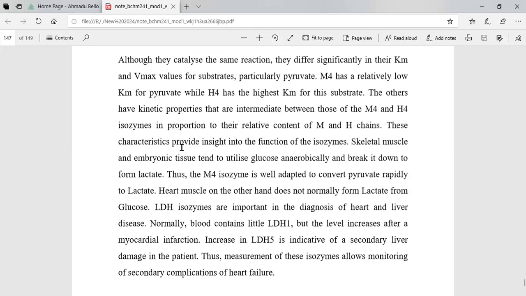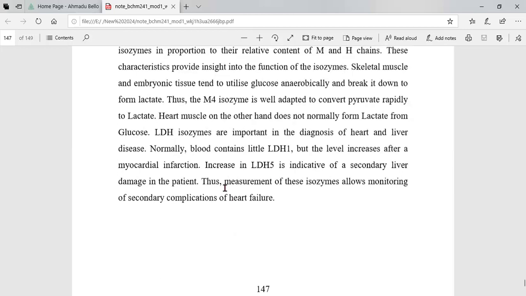These characteristics provide insight into the function of the isozymes. Skeletal muscles and embryonic tissues tend to utilize glucose anaerobically and break it down to form lactate. Thus, the M4 isozyme is well adapted to convert pyruvate rapidly to lactate.